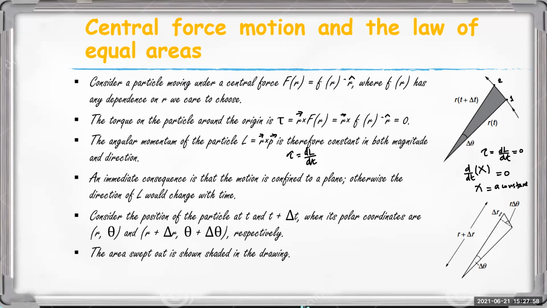Then the area swept out is this one. This is the initial point and this is the final point. Then the shaded portion is the area swept out by the radius vector. So we have to find such an area here.